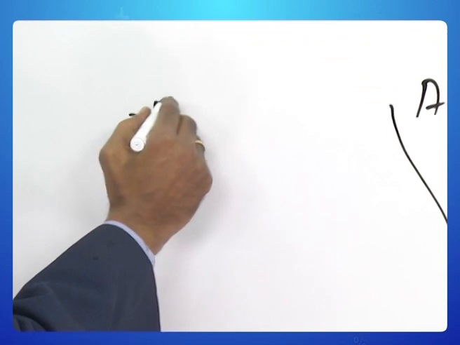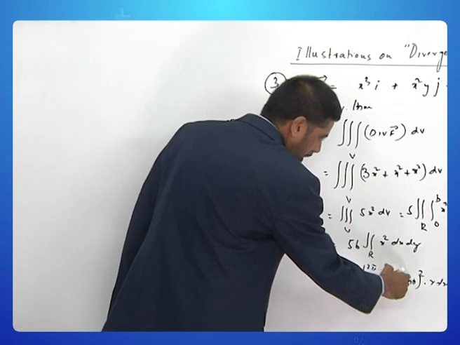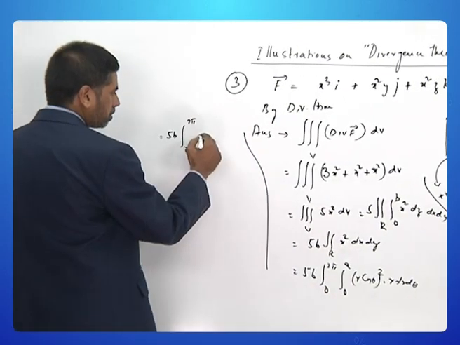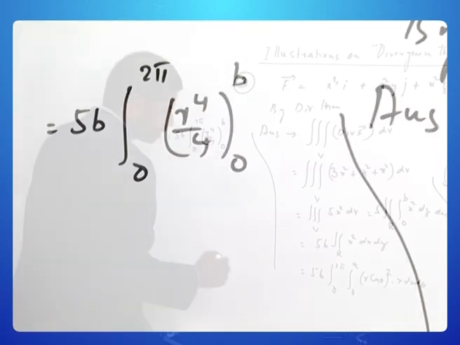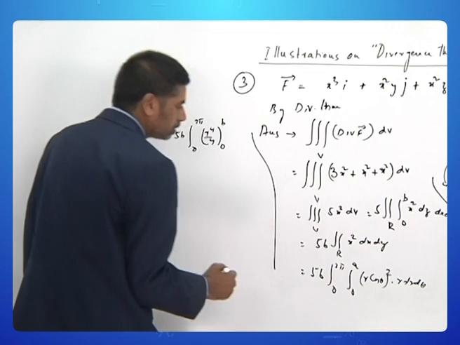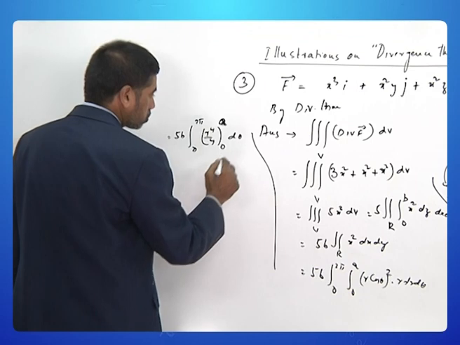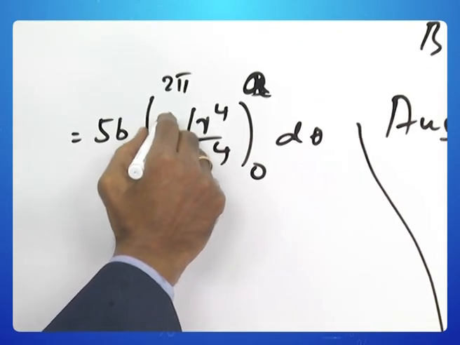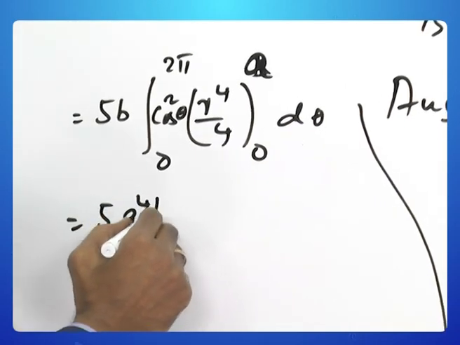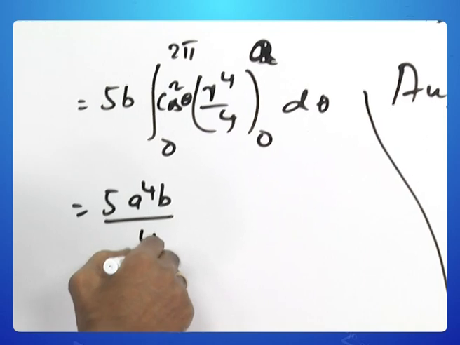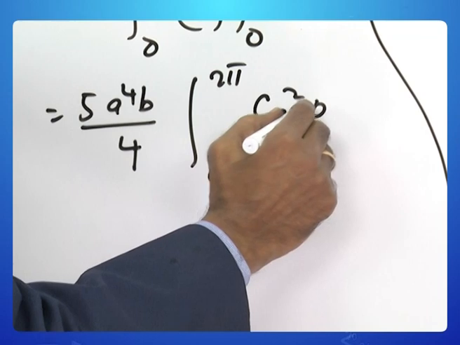This would be 5b times the integral 0 to 2 pi of r cube, which when you integrate becomes r power 4 by 4 from 0 to a, d theta. Of course cos square theta is also there. So this becomes 5a power 4 b by 4 times the integral 0 to 2 pi of cos square theta d theta.